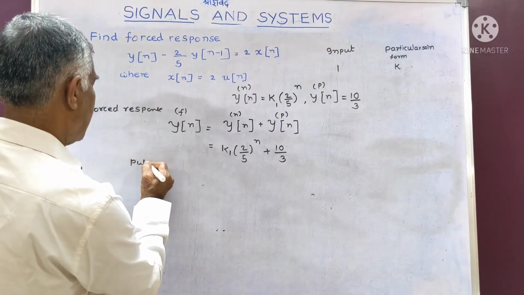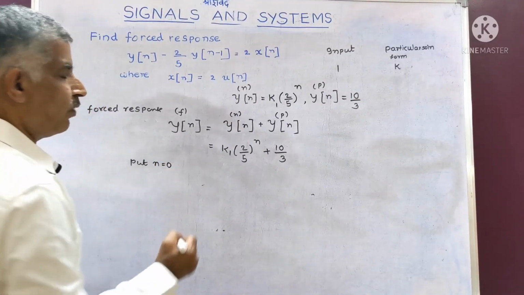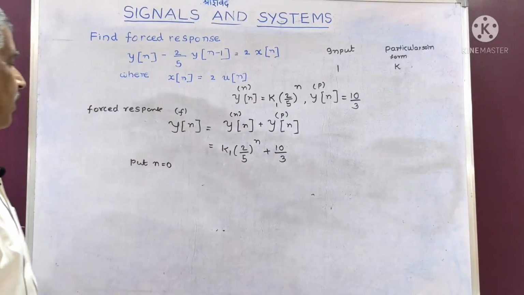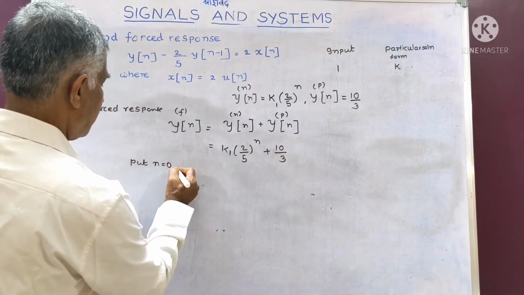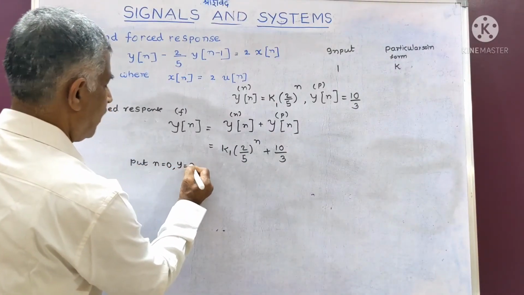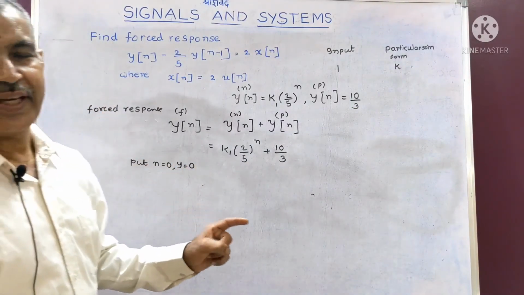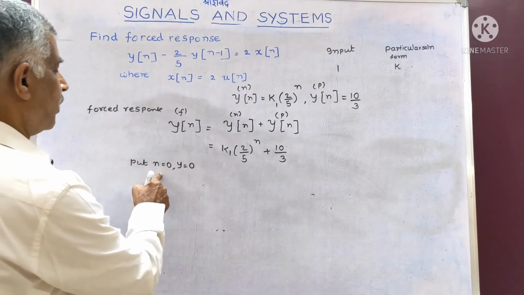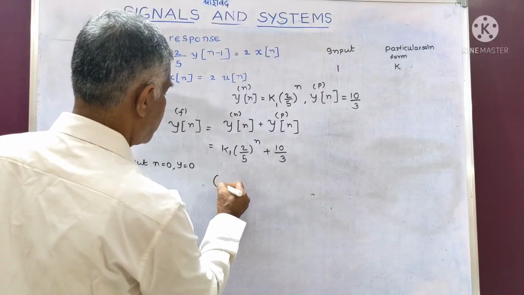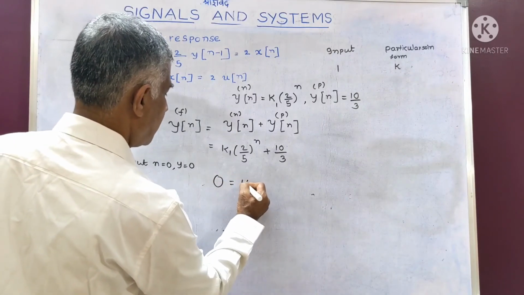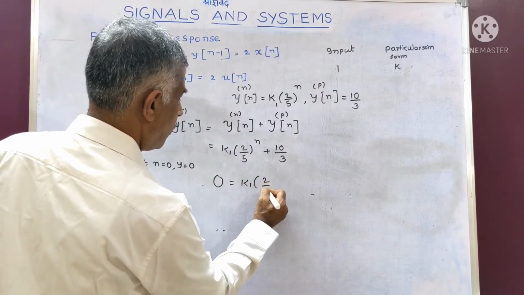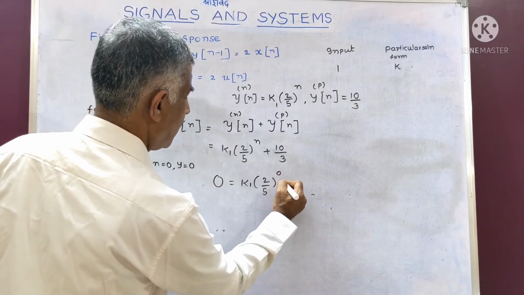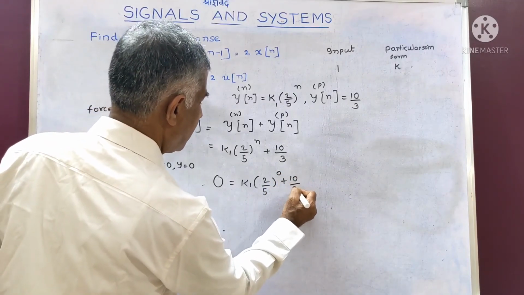Put n equal to 0 and y equal to 0, because forced response is calculated for zero initial conditions. Therefore, 0 is equal to k1 times 2 by 5 to the power of 0 plus 10 by 3.